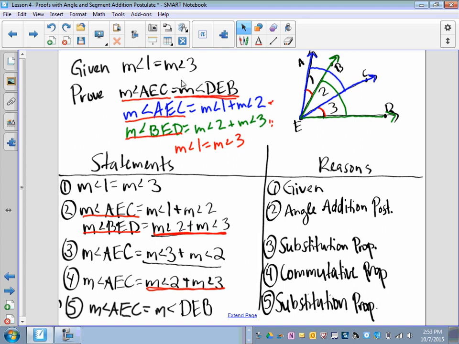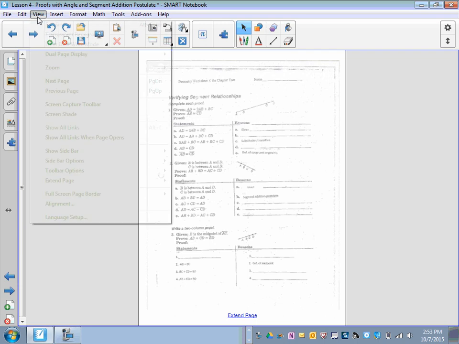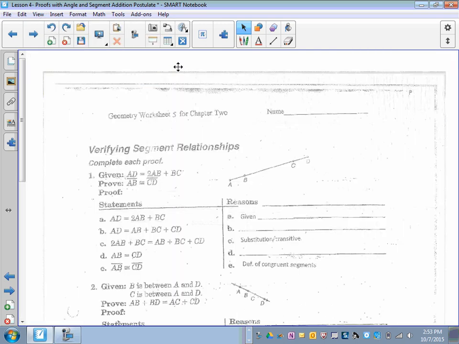Okay, so real quick, I want to take a look at the very first problem, because the first step was not difficult, but some people were getting themselves tripped up on it. They give us that the measure of AD is equal to 2 times the measure of AB plus BC. So that was our first step, given. Now the second step, everyone wanted to do something with substitution. Did they substitute something in?